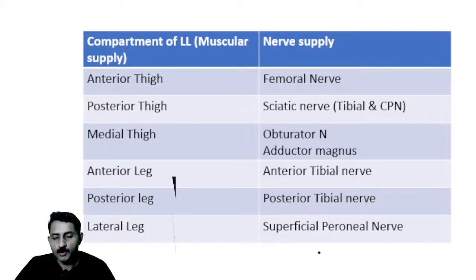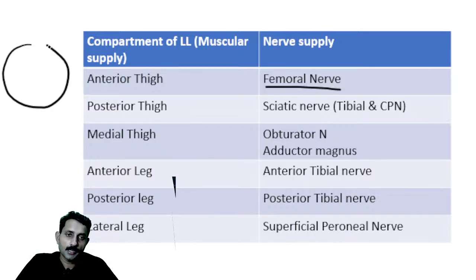I gave an idea about the upper limb muscles. This idea can be applied to the lower limb also. In the anterior thigh, most of the muscles are supplied by the femoral nerve. Compartment-wise, if you divide the thigh, this is the femur, and we divide it into three compartments: an anterior compartment, a posterior compartment, and a medial compartment.